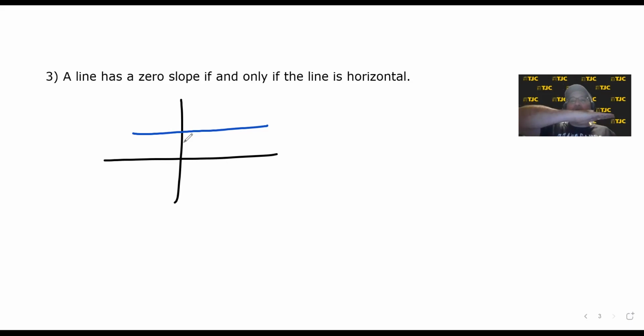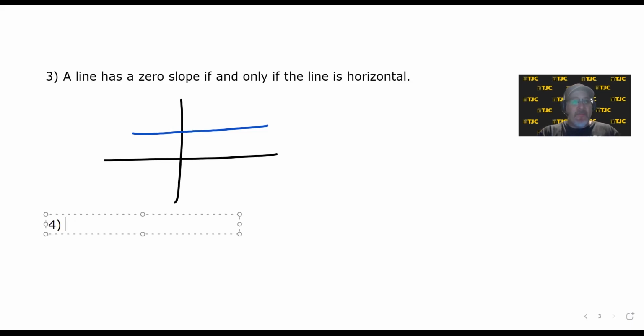So if I were to raise a line higher and higher, I would expect the slope to get higher and higher. If I say the slope of a vertical line is 1,000,000, then what would a line of slope 1,000,001 look like? You can't get any steeper than that. So we really can't assign a value to the slope of a vertical line.